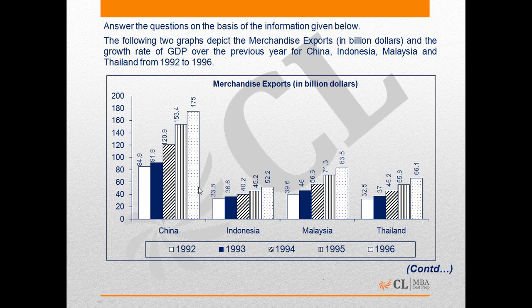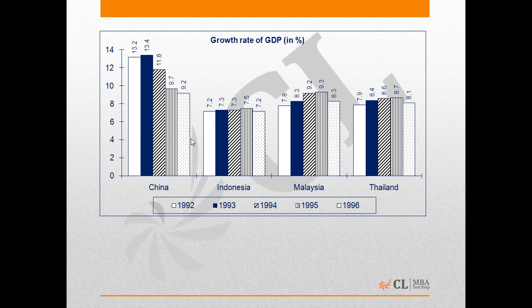We can check the merchandise exports of China in various years. In 92 it is $84.9 billion. In 93 it is $91.8 billion. Similarly, we can check this figure for the other countries, and here the GDP growth rate is given.